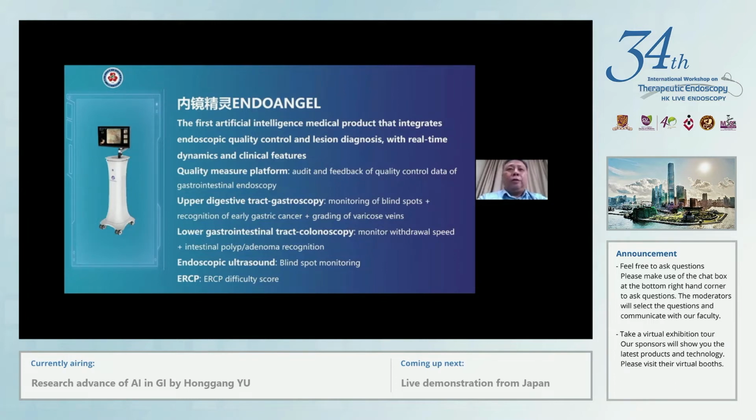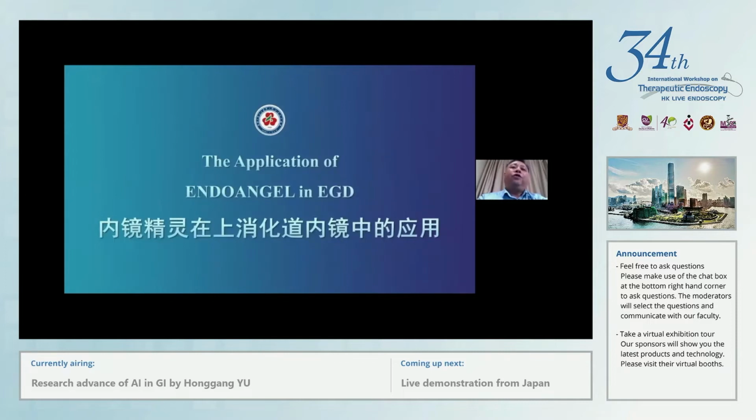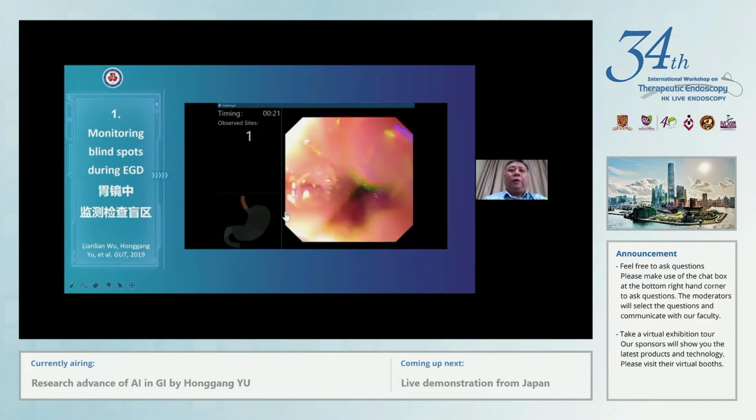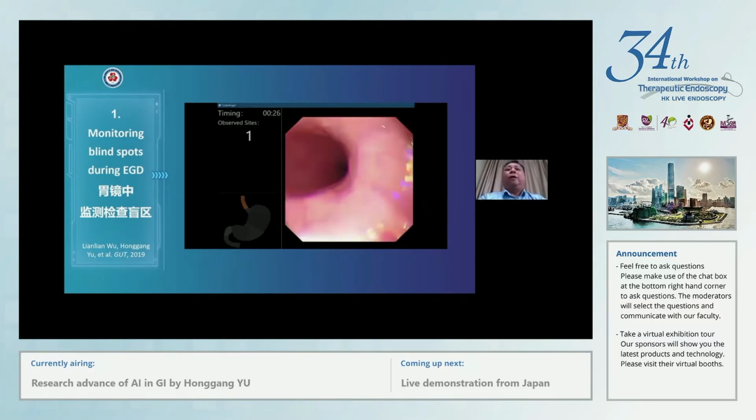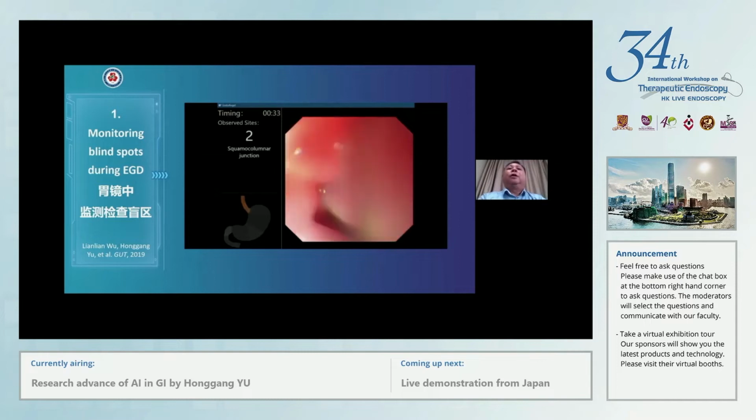First, I would like to introduce the application of ENDOANGEL in EGD. The first function, in fact, many people feel familiar with, because in the last year I have introduced this function many times. We divide the stomach into 26 parts, and then we monitor whether the endoscopist detects all parts of the stomach.